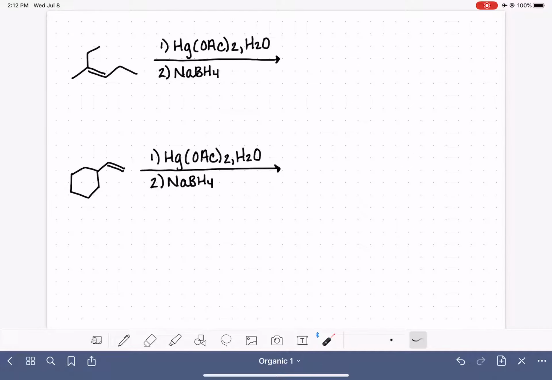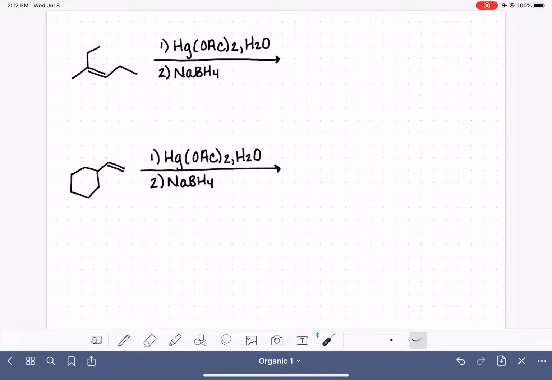Here is a slightly different way to indicate the two-step process for this reaction. Instead of writing the first arrow followed by the second arrow, we'll just write one single arrow, and this means these are the reagents for step 1, and this means these are the reagents for step 2. This is pretty common notation for a multi-step reaction.